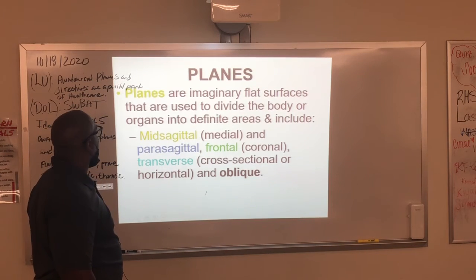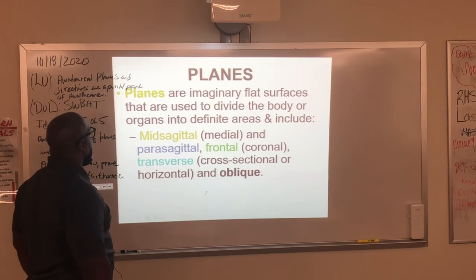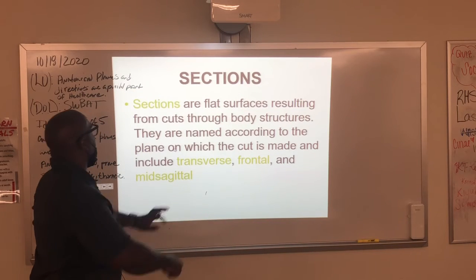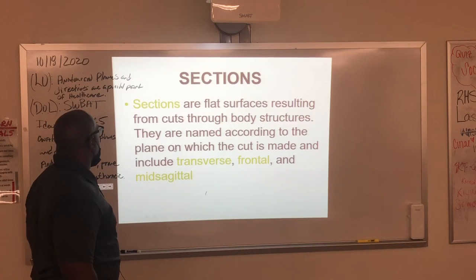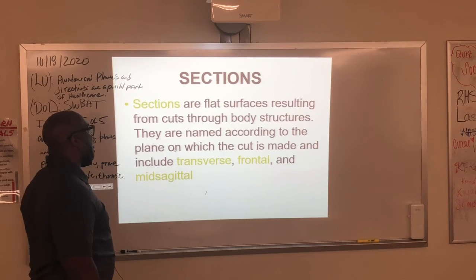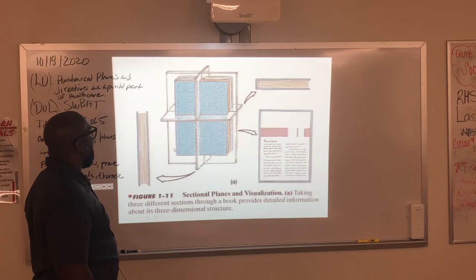Okay, we got it? All right, let's move on. Sections are flat surfaces resulting from cuts through the body structure. They are named according to the plane on which the cut is made, including transverse, frontal, and mid-sagittal.